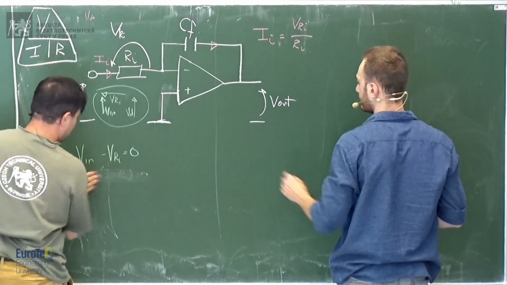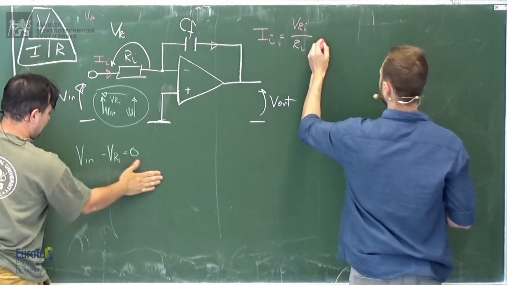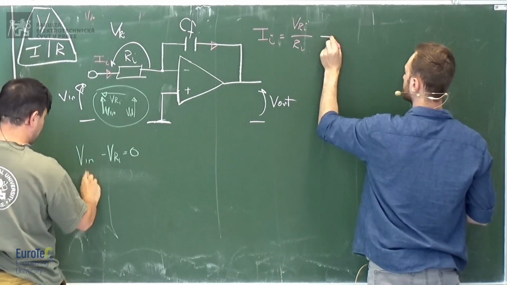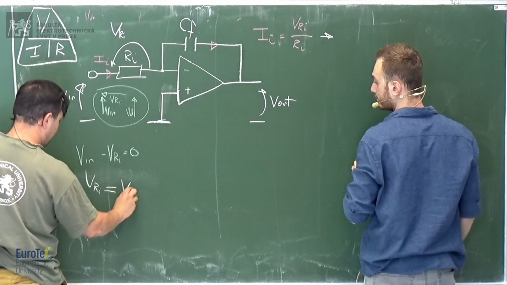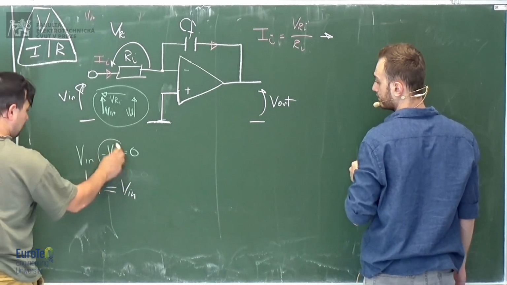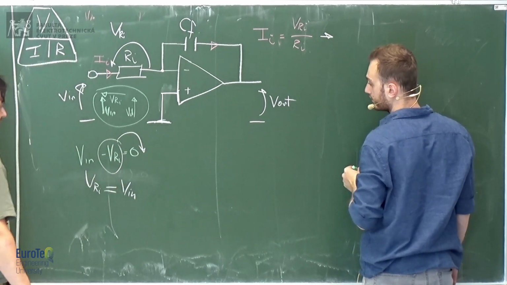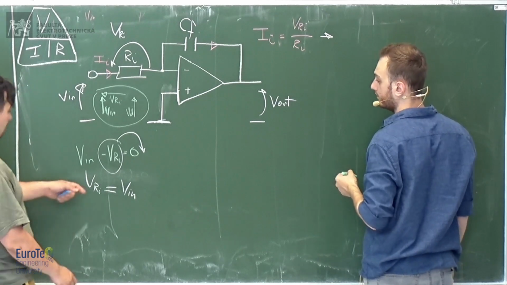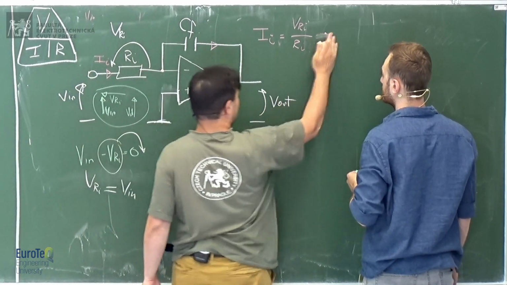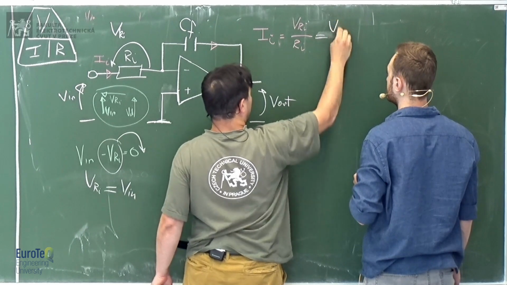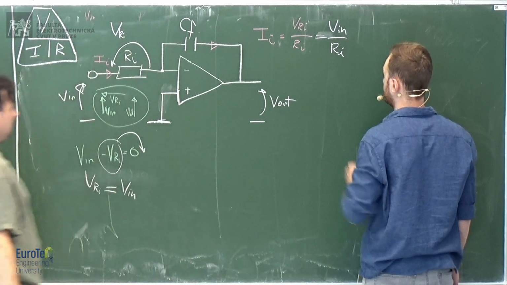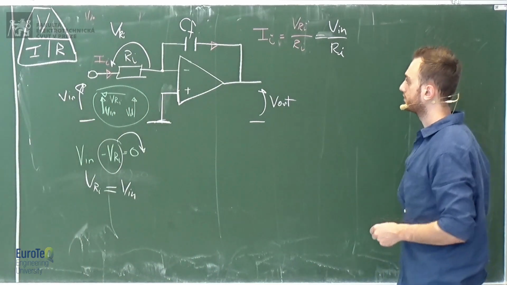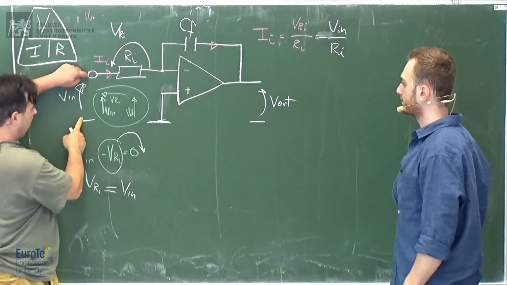So this is like saying that VRI is equal to V input, okay? Okay, so now this is equal to V input divided by RI. Okay, fine. So we have this voltage here.